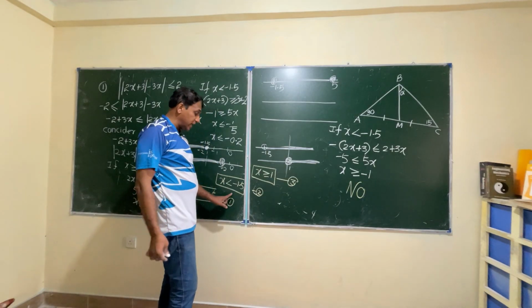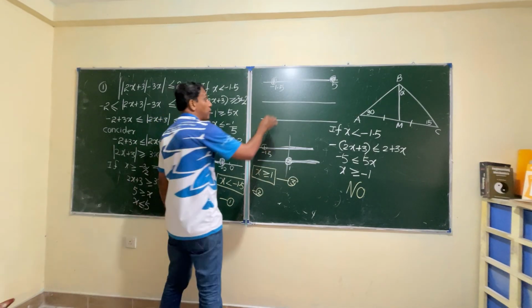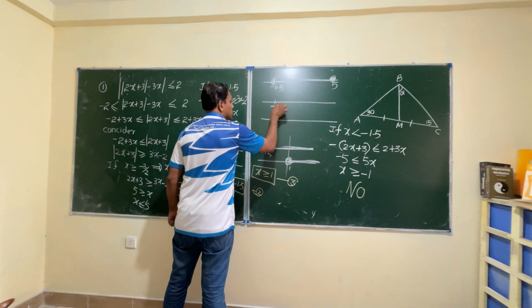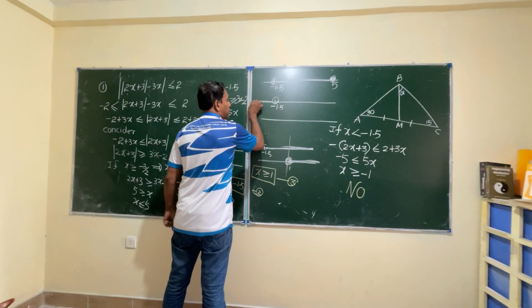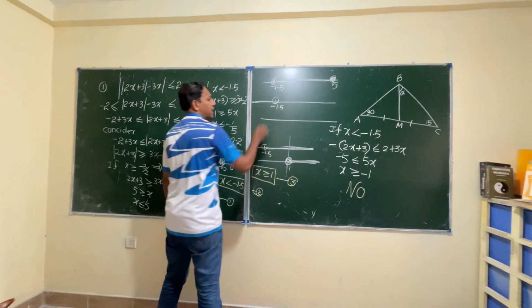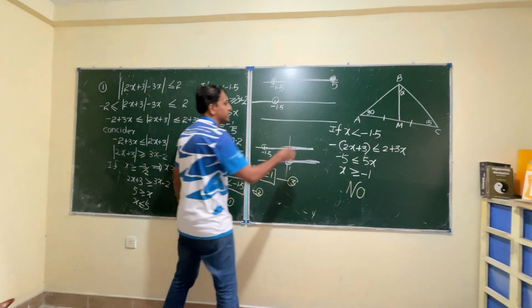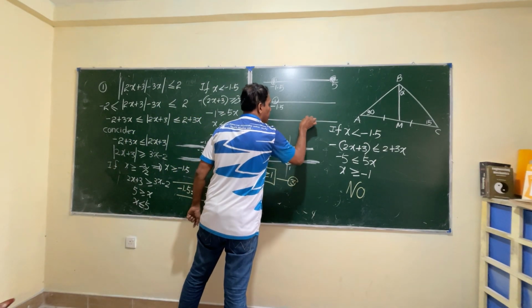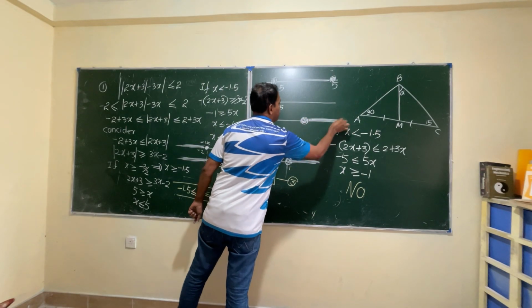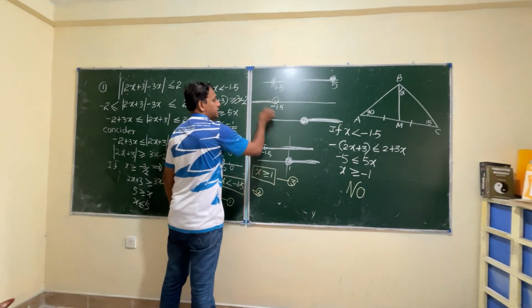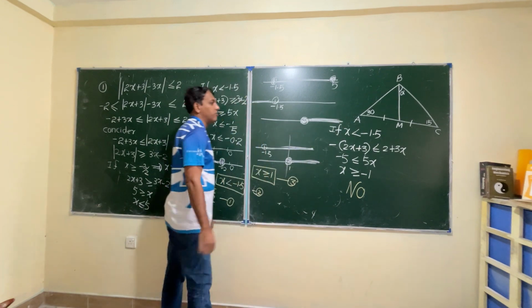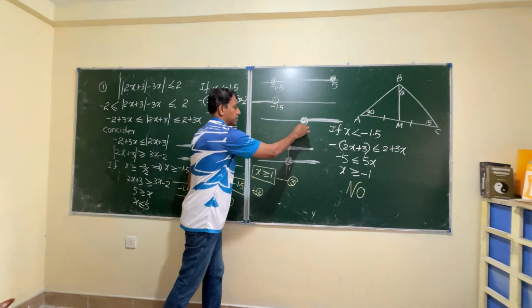And number 2, less than minus 1.5 goes to this side. Next one, greater than or equal to 1, mark 1 somewhere here, goes to this side. And this side, therefore yes, 1.